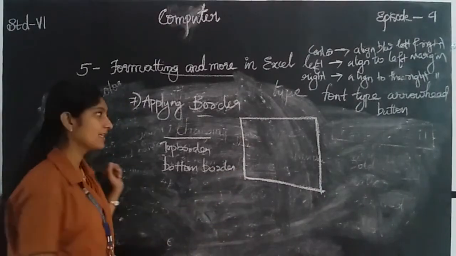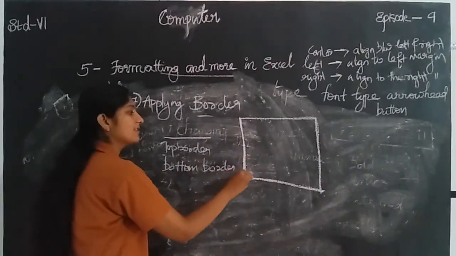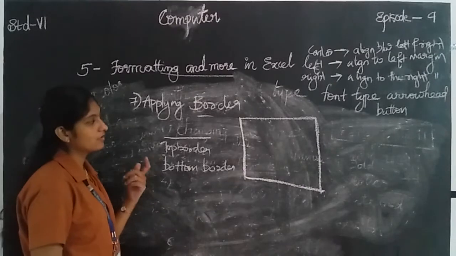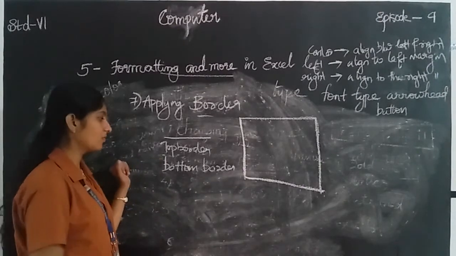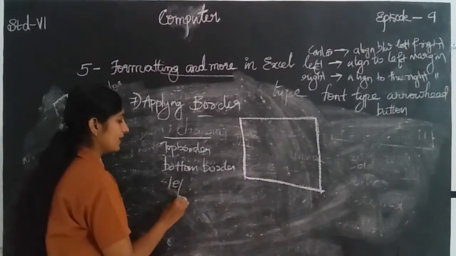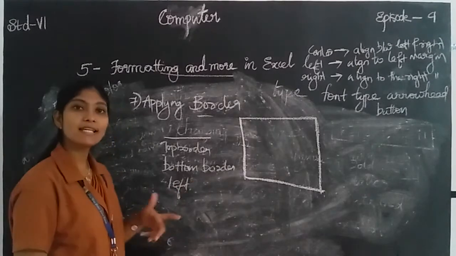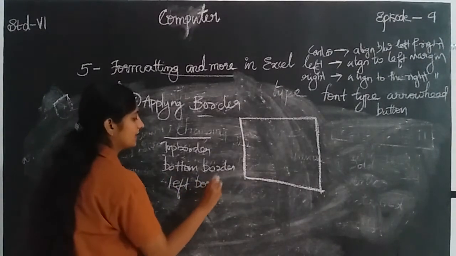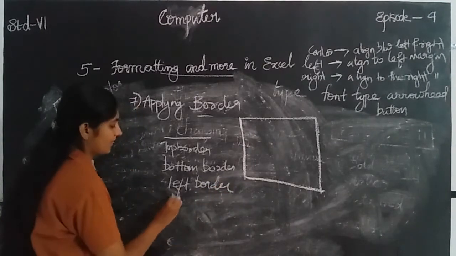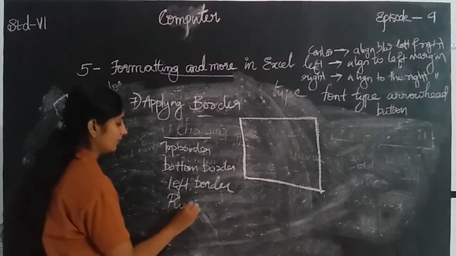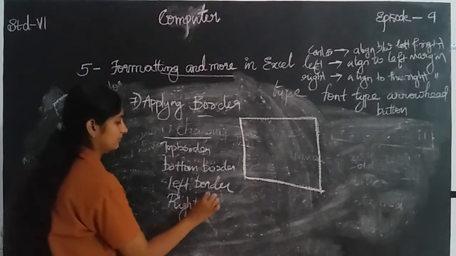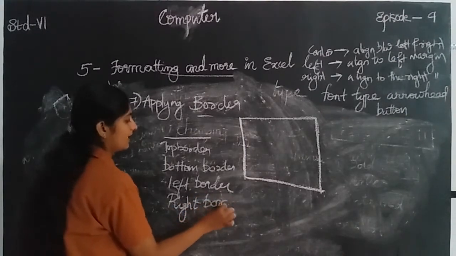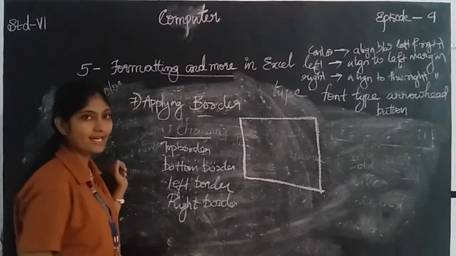Then next is left border. So that means we can choose only left border. Similarly, the same as that of left border, that is right border. Then next is inside or outside.